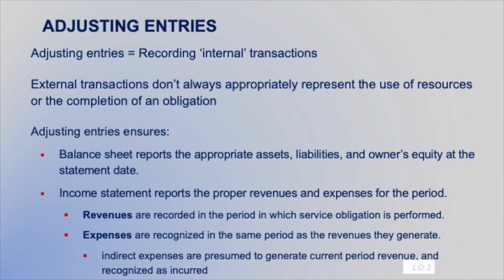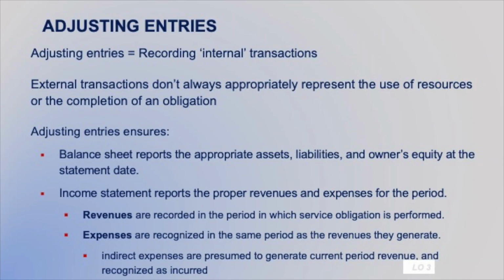Usually we use up resources, or we create resources in some cases, or there's an increase in claims on those resources, so an increase in liabilities or a change in our equity. Somehow something internal to the business changes that we need to account for and make sure gets reflected in the financial statements. We do that through adjusting entries.